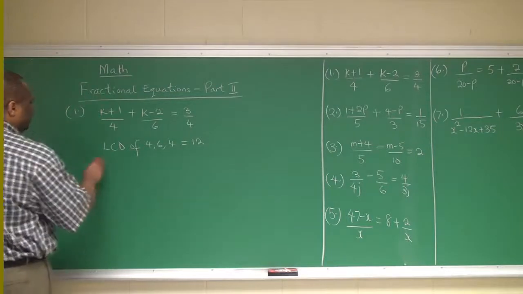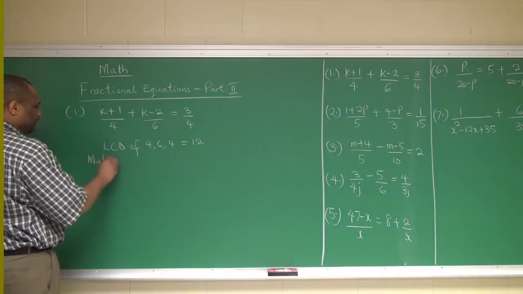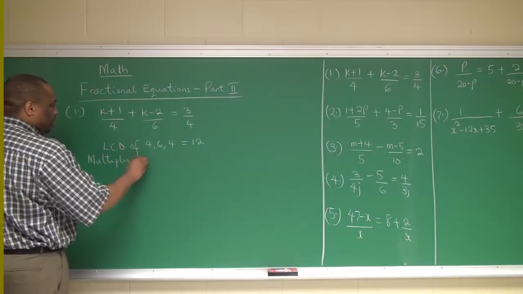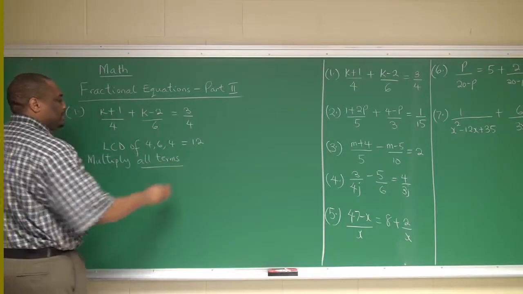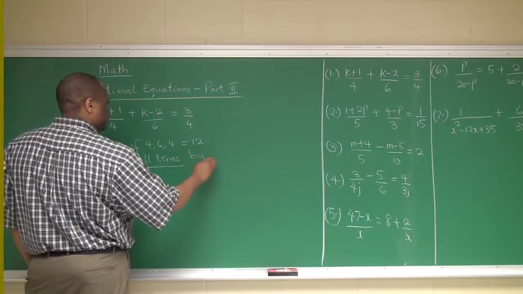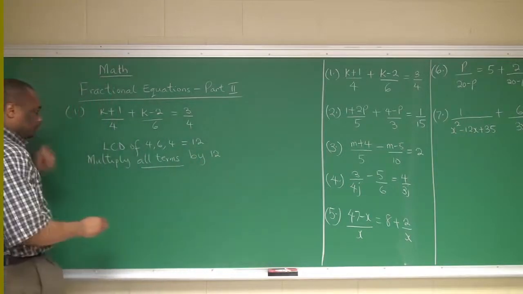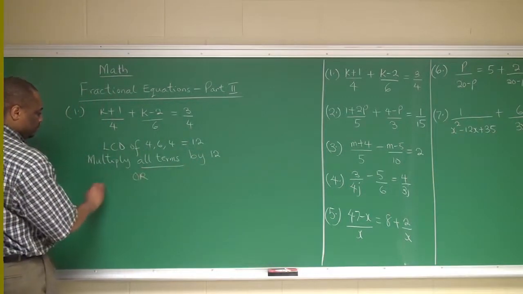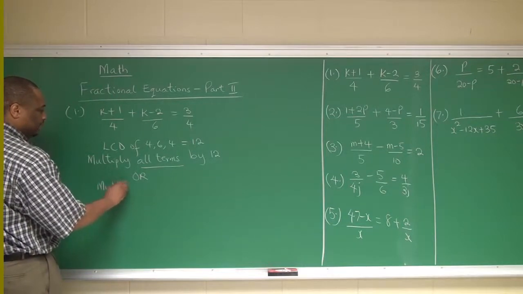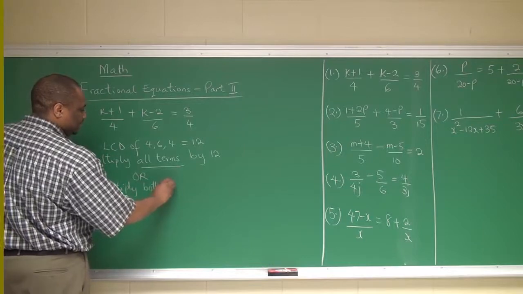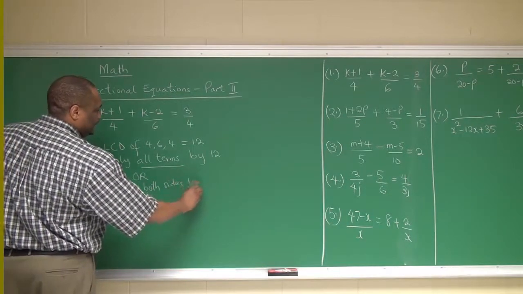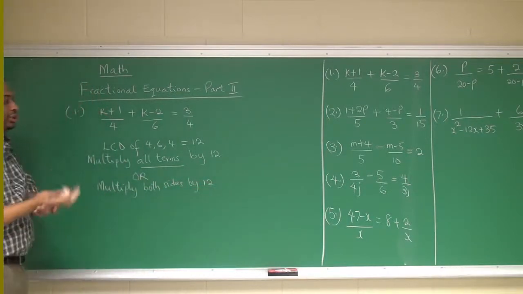So you can say multiply all terms by 12, or you can say multiply both sides by 12. Whichever one you choose to do.